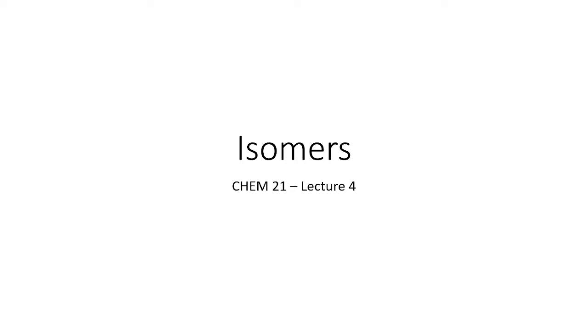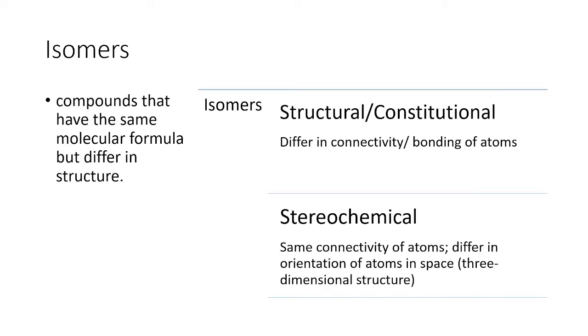Isomers are compounds that have the same molecular formula but differ in structure. We have two general types of isomers.